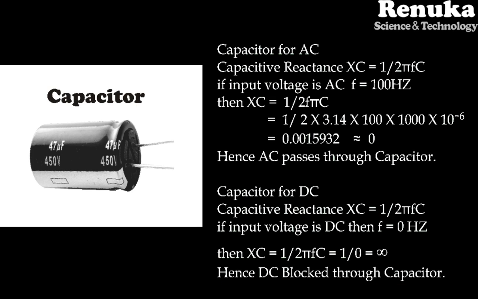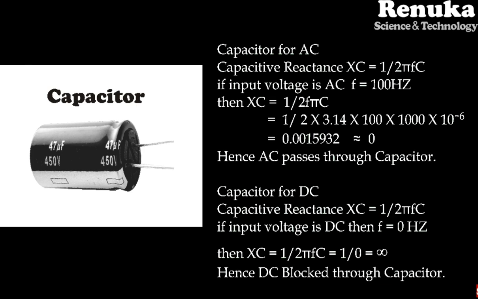If you calculate the capacitive reactance here, it is again 1 upon 2 pi f C, where f is 0. So the denominator will be 0, and 1 upon 0 is always infinity. Hence we can say that when DC current is applied to the capacitor, the opposition by the capacitor, that means the reactance, is found to be infinity. Infinity means it has higher opposition.